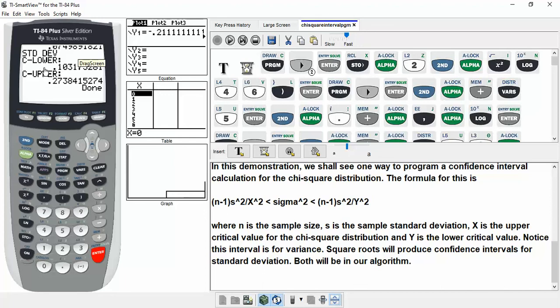And this is one way to program in an algorithm to find the confidence interval for a population variance or a population standard deviation using chi-squared distributions.